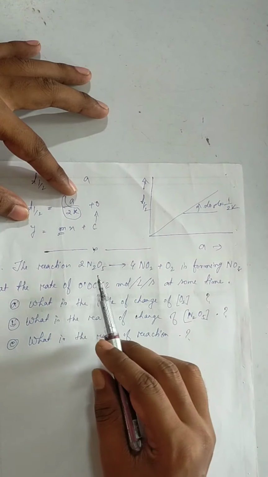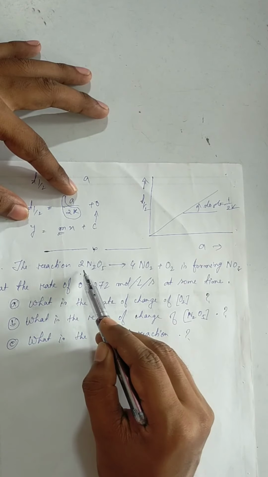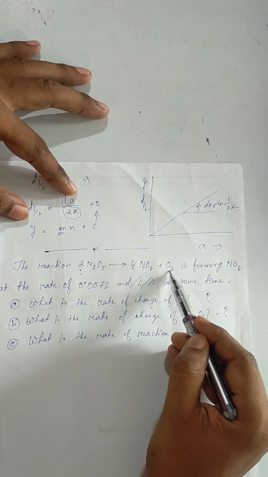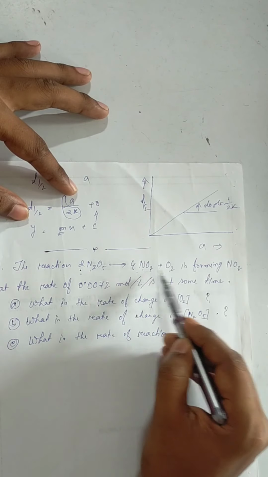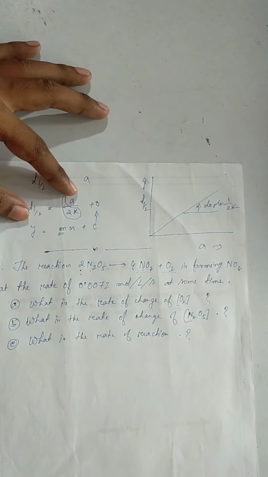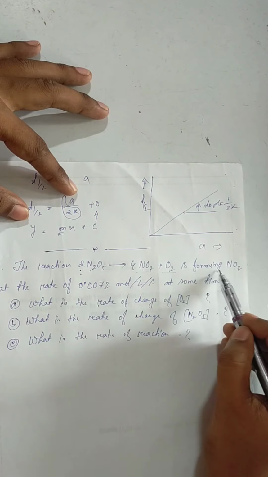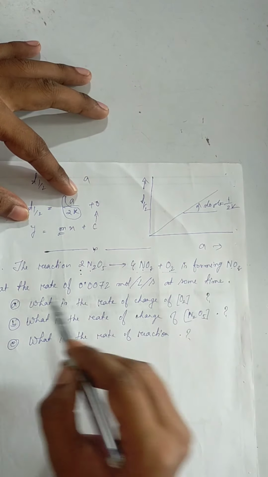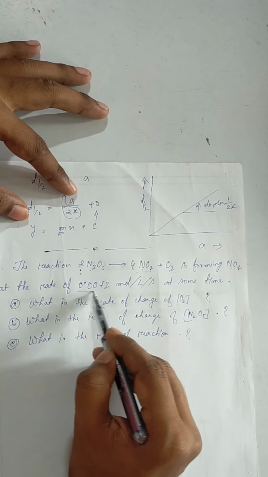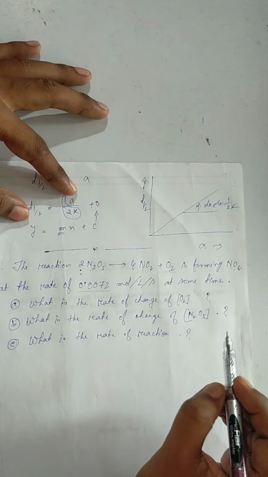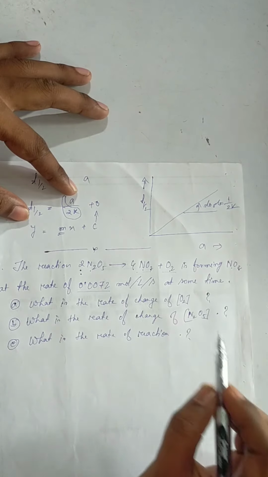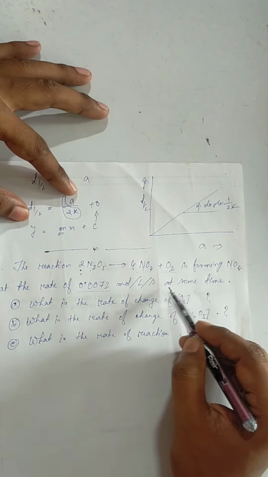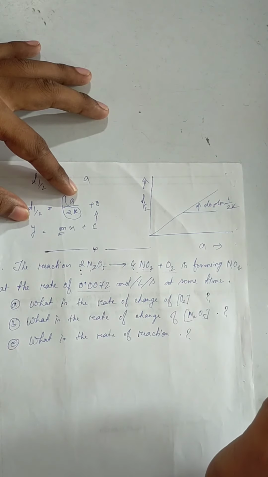You can see this is the reaction: 2N2O5 gives 4NO2 plus O2. These are the products, and NO2 is forming at the rate of 0.0072 mole per liter per second at the same time.